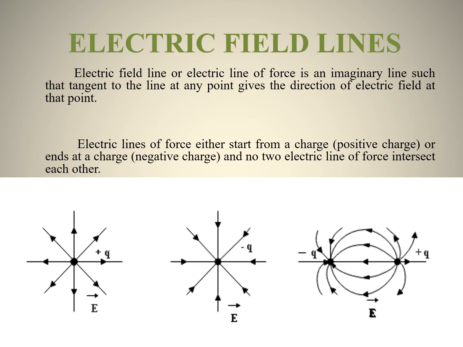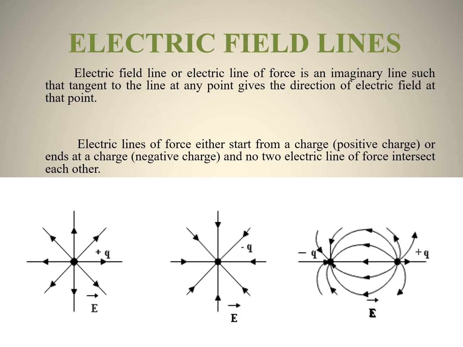If you look at the diagram here, if you have a positive charge, then the electric lines of force, represented by the arrow lines, will be outwards in case of the positive charge, and electric lines of force will be inwards in case of the negative charge.